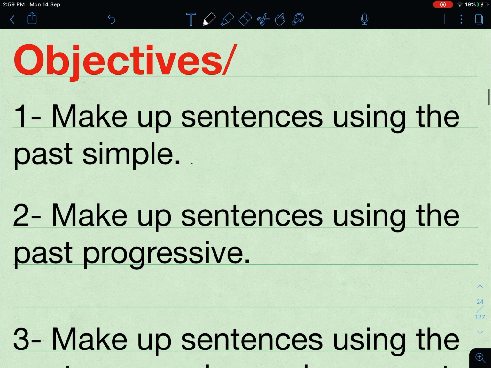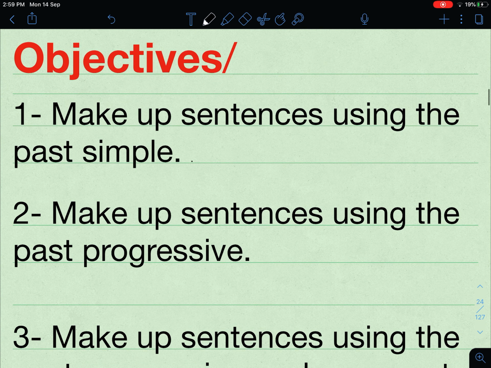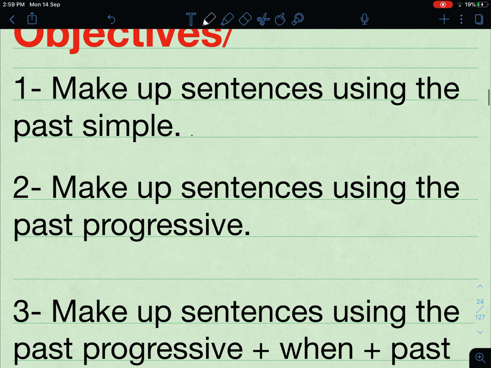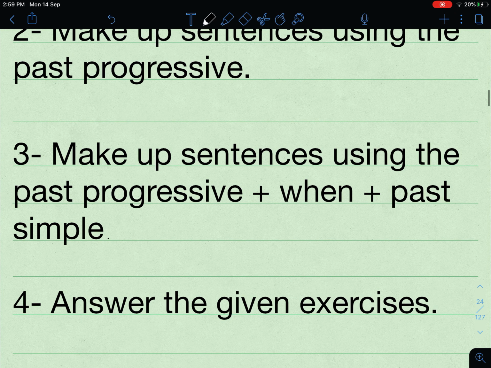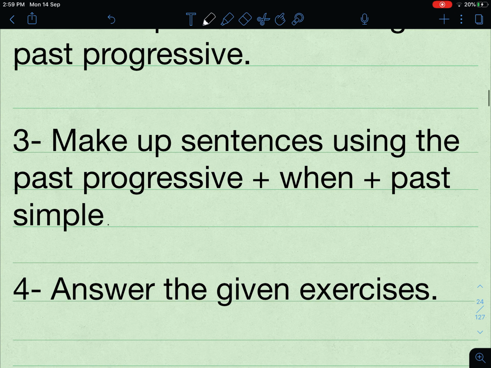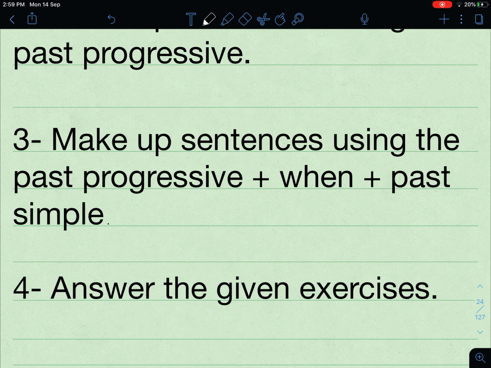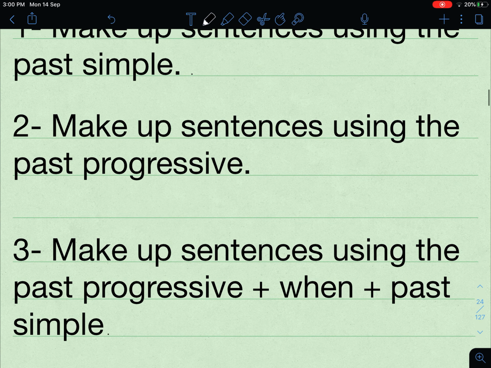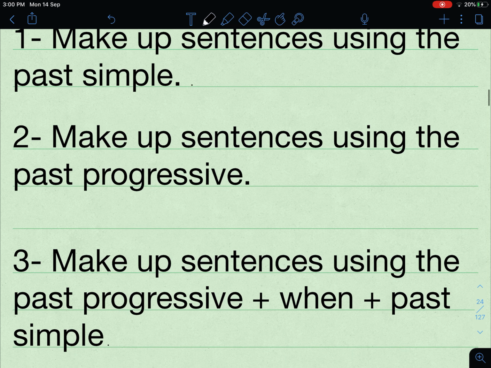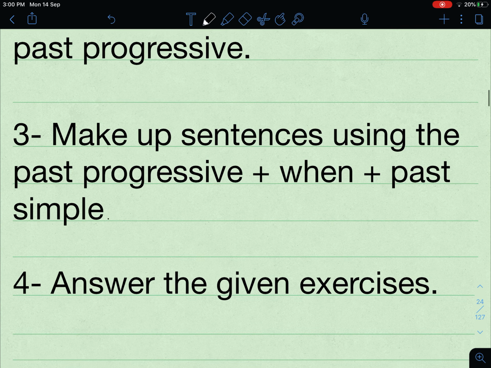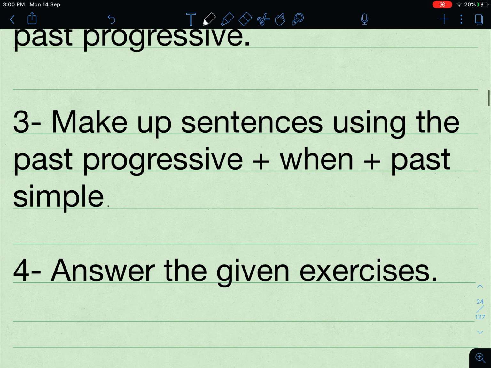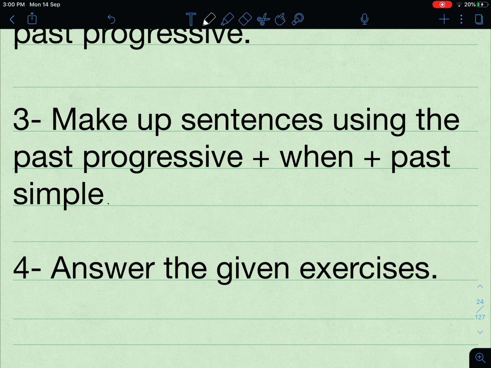Let's take a look at the objectives of today's lesson. الأهداف. The first objective, we should make up sentences using the past simple, make up sentences using the past progressive, and we should also make up sentences using the past progressive plus the past simple, and we are gonna answer a couple of the exercises. خلاص يعني بنركز على الماضي البسيط، الماضي المستمر، وبنستخدم الماضي المستمر مع الماضي البسيط، وبجاوب على فقرة pair exercise في كل سؤال عشان أوضح لكم كيف تحلون التمارين.